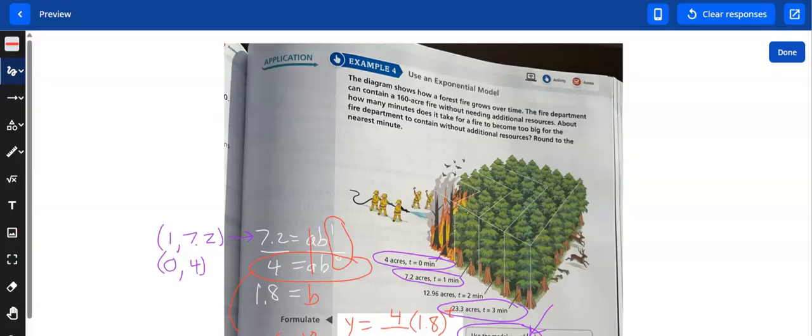Anyway, it says that they can contain a 160 acre fire without needing additional resources. Obviously they have their own equipment. How many minutes does it take for the fire to become too big for that fire department? And they will need to call in additional resources, other fire departments, or maybe helicopters and things like that.